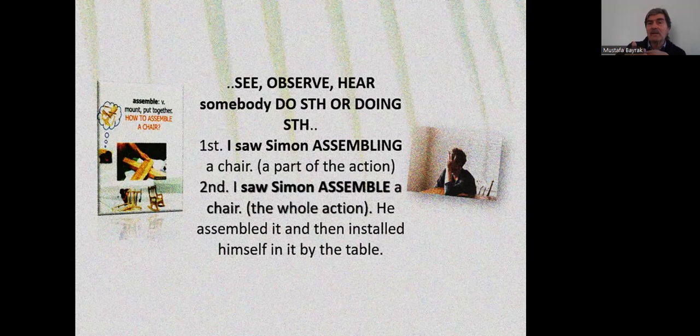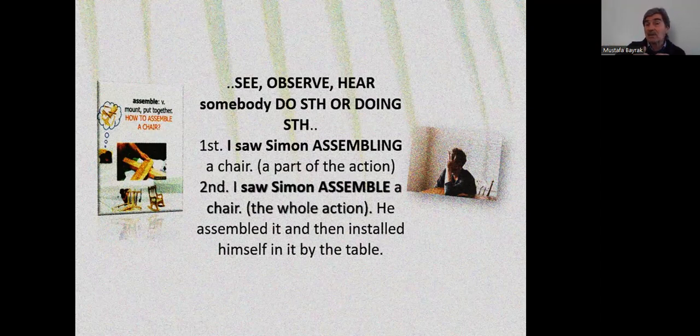With verb ing tells us that person saw just a part of the action. Okay, I saw Simon assembling a chair, mounting a chair, putting the chair parts together.